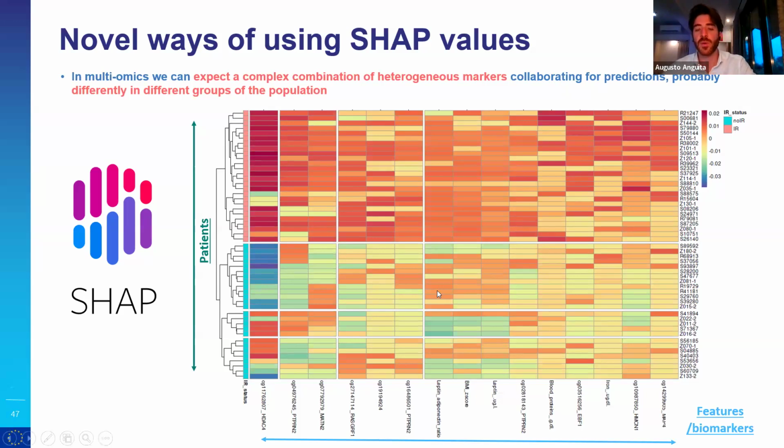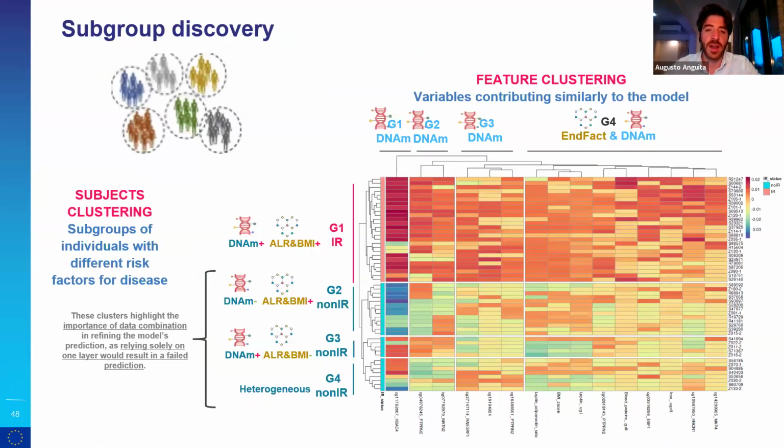So we can actually work with these SHAP values, for example by doing clustering. We can create clusters based on these SHAP values, and we will find groups of variables that contribute similarly to the model.